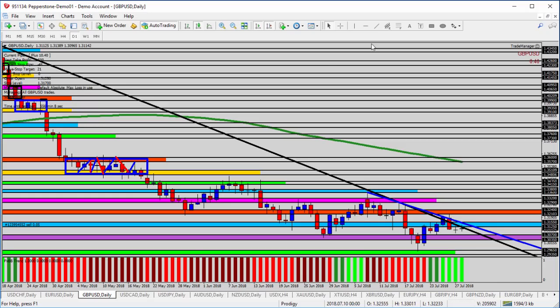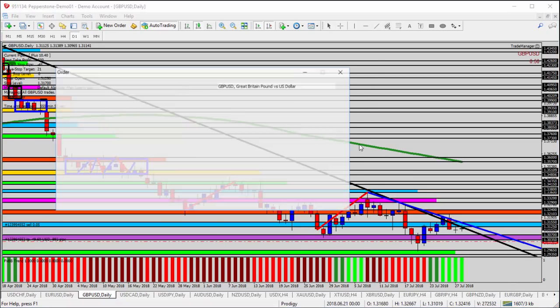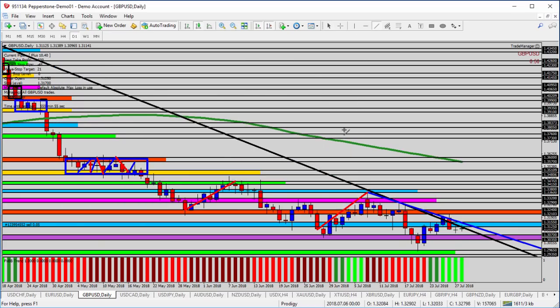Again, within the pattern of this trend, we've seen a couple of rises, haven't we? We've seen a rise here, here, and right here, and even a little bit of a rise right here. So three times we've seen rises within the downtrend.